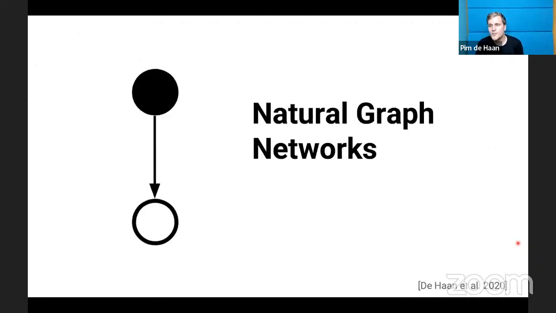Right, so now we want to apply what we just developed to graphs. This is mostly taken from work we did in 2020 in a paper called Natural Graph Networks.